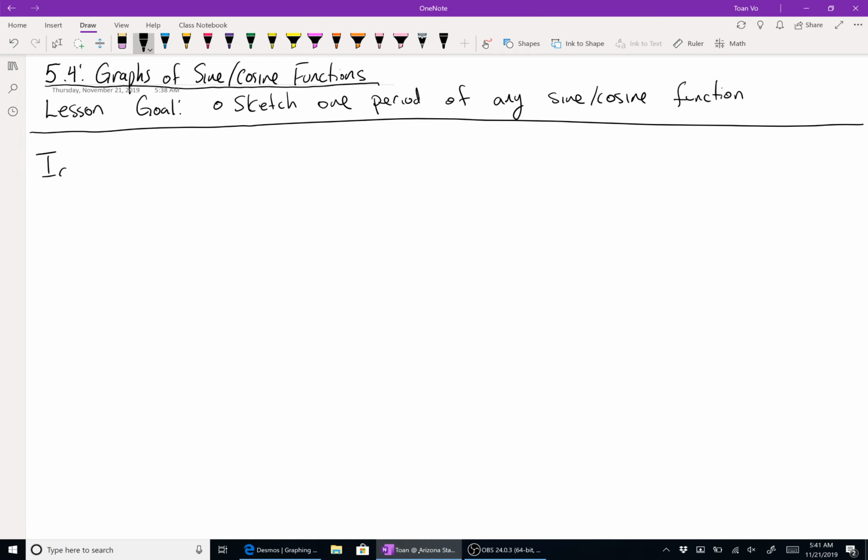So that's sort of the idea behind things. Sine and cosine are called periodic functions. And it's most likely the first periodic function students will face.